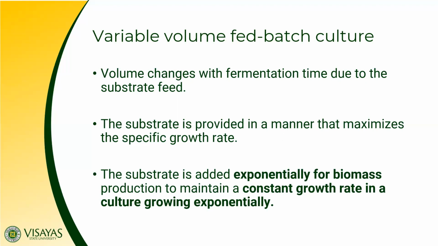The substrate is added exponentially for biomass production to maintain a constant growth rate in a culture growing exponentially. Okay, the substrate is exponentially added in order to have a constant growth rate, the maximum specific growth rate, in a culture growing exponentially.